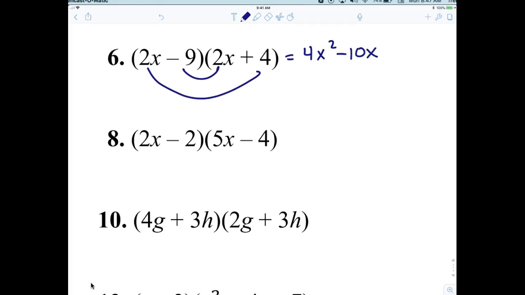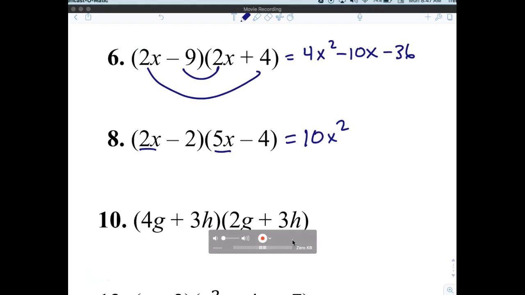And then negative 9 times positive 4, negative 36. That's how simple. Now, 2x times 5x is what? 10x squared. Now, there's negative 10 and negative 8, which makes negative 18x, and then plus 8.